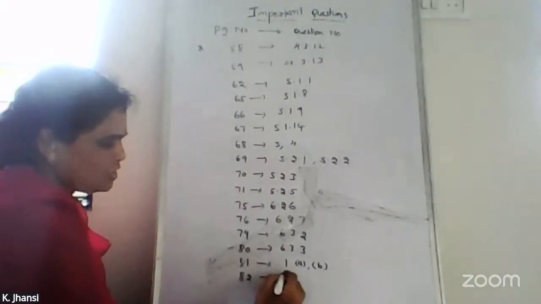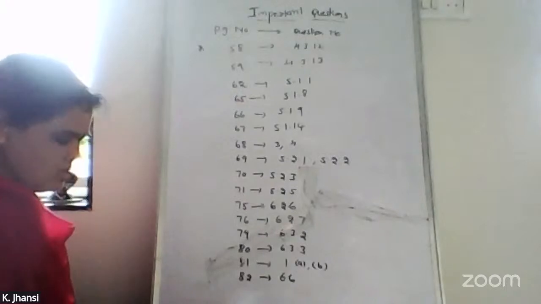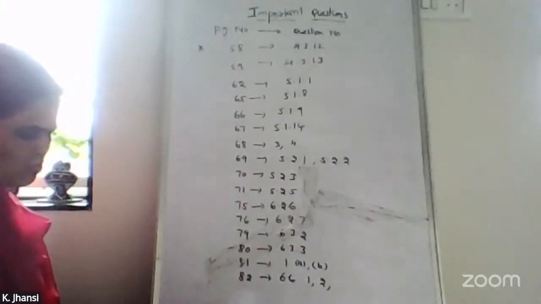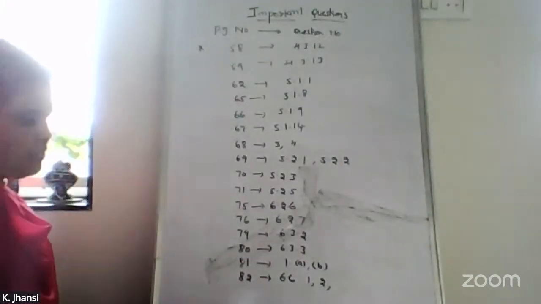Page number 82, MCQ question 6.6, problems 1, 2 of 6.6.